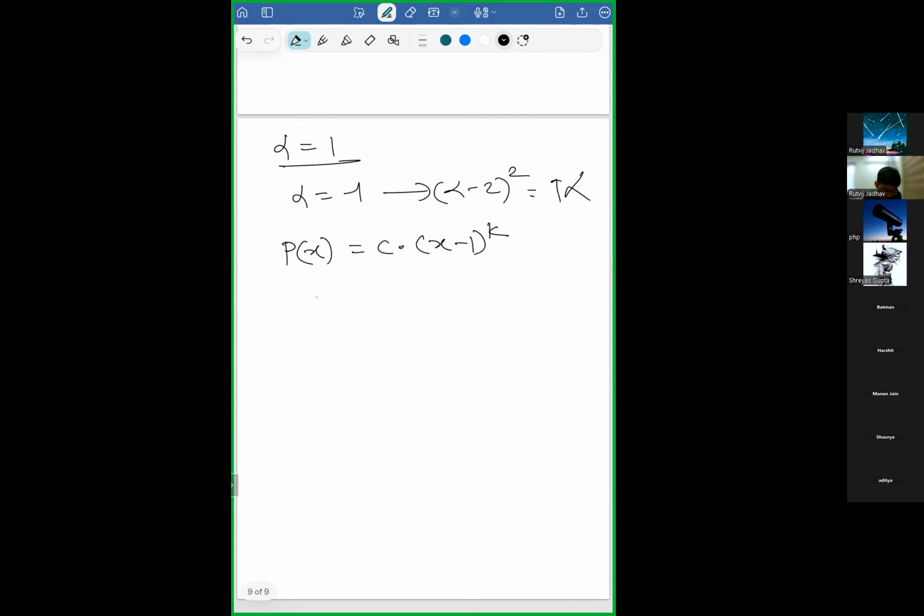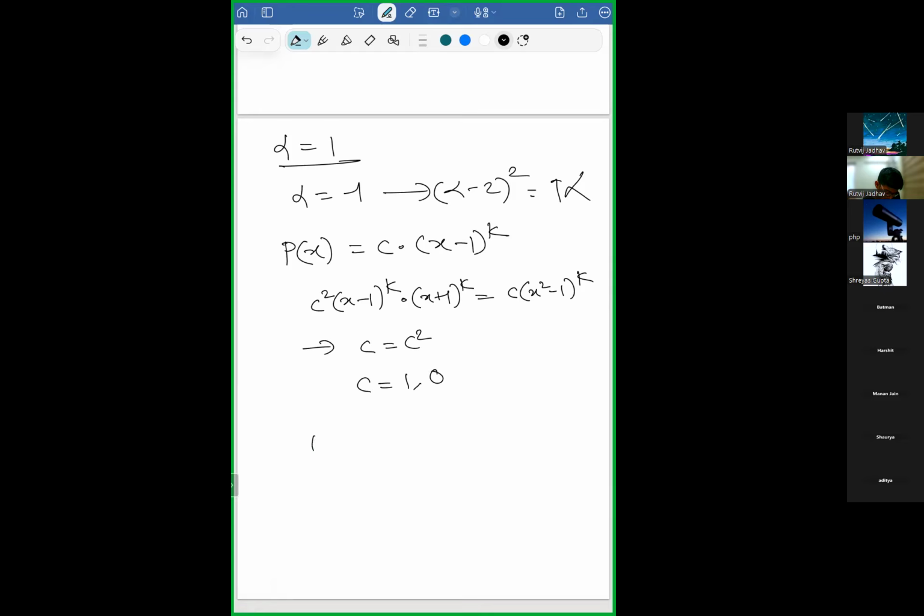And when we substitute this back into the original equation, we will see c square times x minus 1 whole raised to k times x plus 1 whole raised to k equals p of x square, which is c times x square minus 1 whole raised to k. So from this, we just get that c equals c square. So c can be 1 or 0.